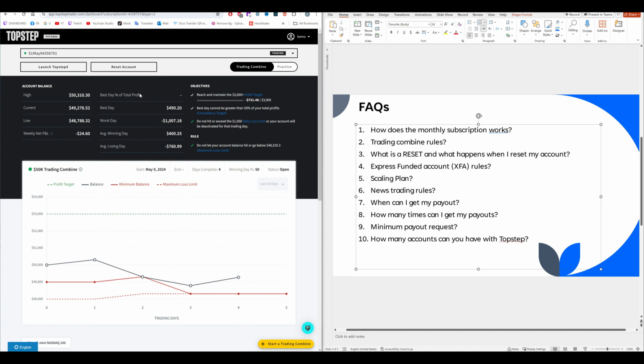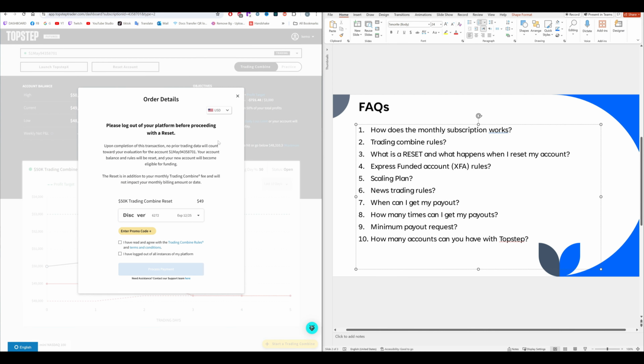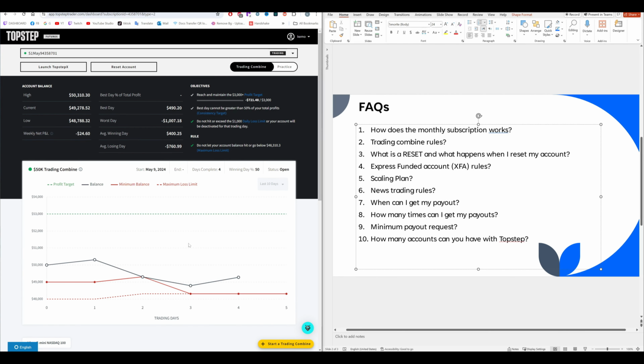And of course the reset is not free, it costs money, but they give you 50% off your first reset. But you don't need to use the resets, because every time they rebill you, for example, if you bought the account on May 1st and you blew it, maybe let's say May 15th, halfway through the month, you don't need to reset your account.